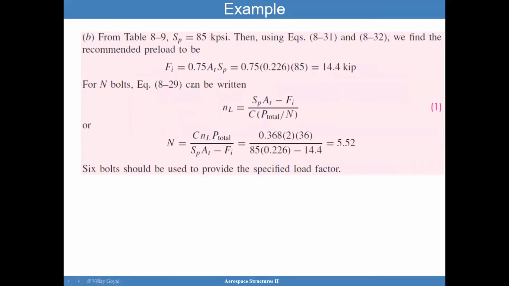Once you have that, you can then look at the preload that's recommended for disassemblies or reuse. So that's 0.75 times SP times AT. That'll give me 14.4. Once I have that, I can find a relationship that tells me NL, or the number of bolts, basically. So you will find that you'll get about 6 bolts when you run through the calculations.